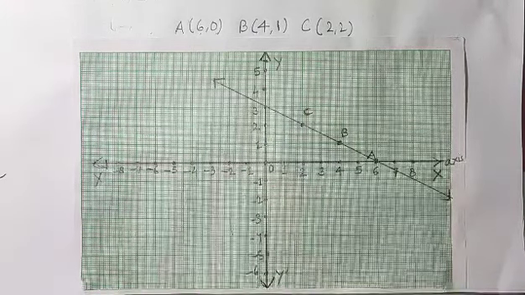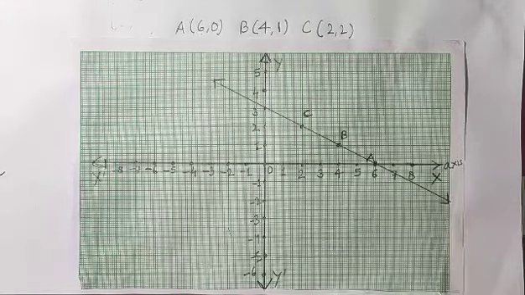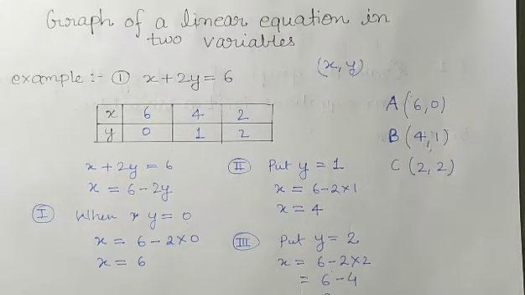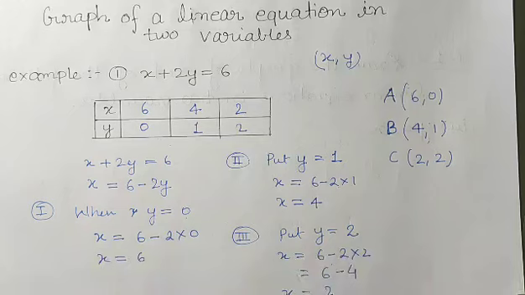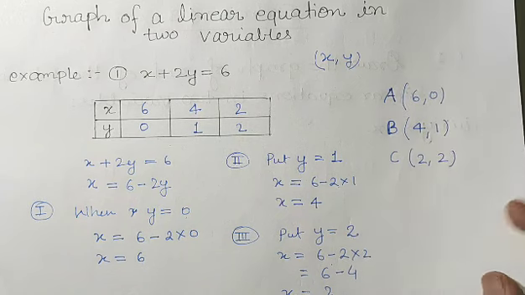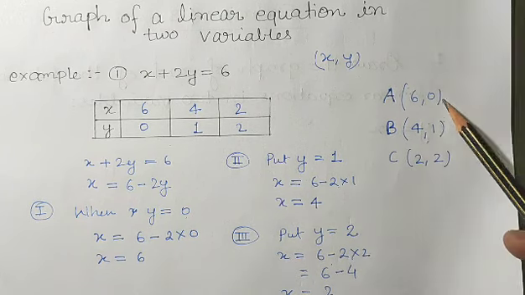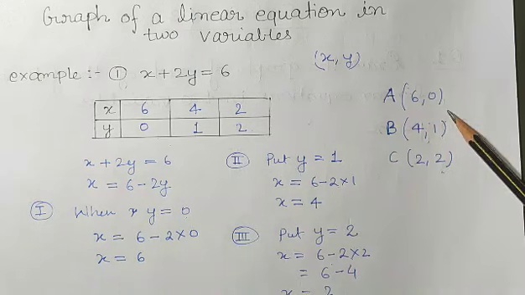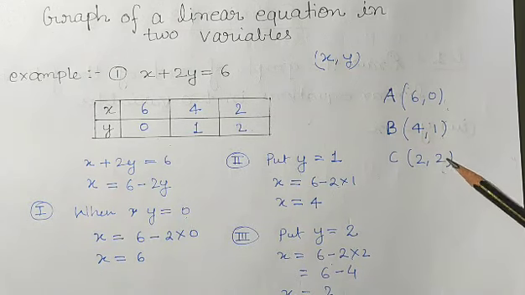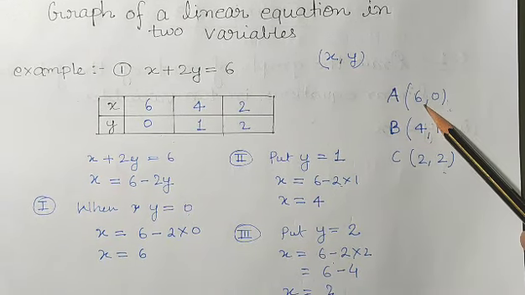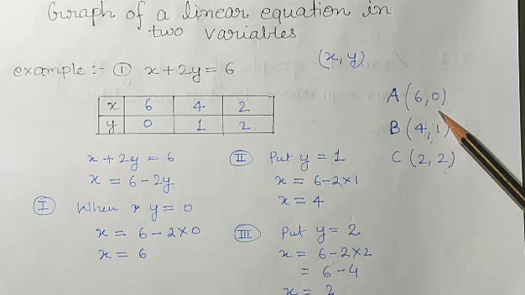Okay students, firstly we will find the solutions like this. We will find at least 3 solutions so that your line will be accurate. After finding the solutions, we will give them names like A, B and C, and we will write them in ordered form so that your x value and y value will be clear.